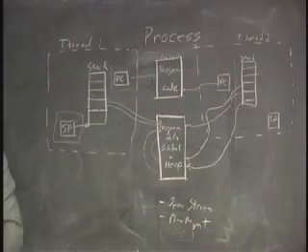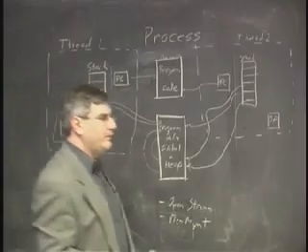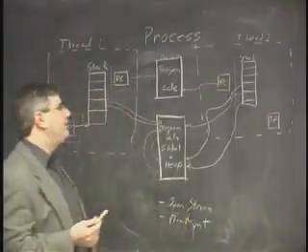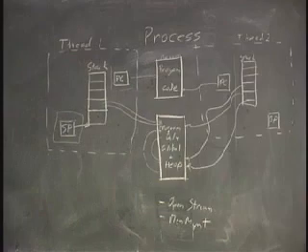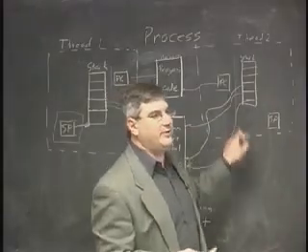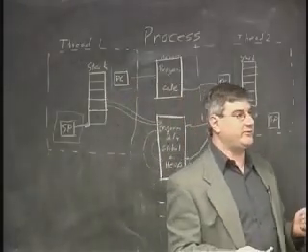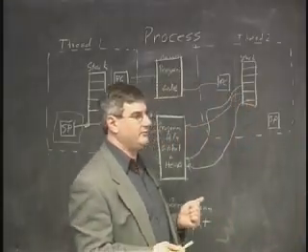Now, how do we do the equivalent of scheduling with threads? The answer is, it depends. Some operating systems will support threads natively, and the thread scheduler is essentially the process scheduler in the operating system.